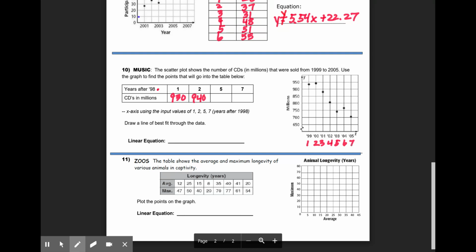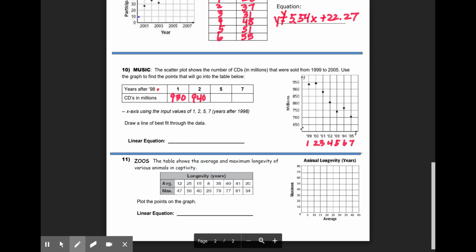Even though those are the years that I've listed underneath there, it should be the years since 98. So 99 is 1 year after 98. 2000 is 2 years after 98. And then 2001 is 3 years. And 2002 is 4 years.